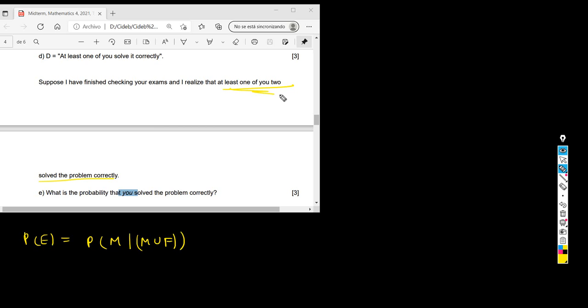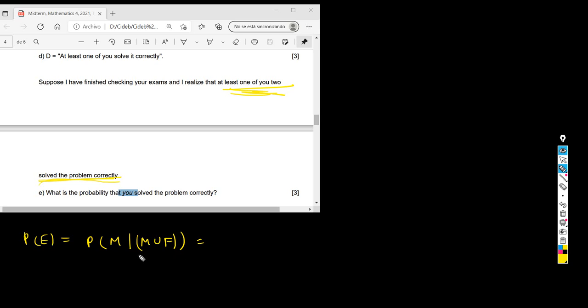And that phrase, at least one of us solved it correctly, should be specified by this event, M or F, which means that either I or my friend or both solved it correctly. So this is the event that represents this phrase right here.